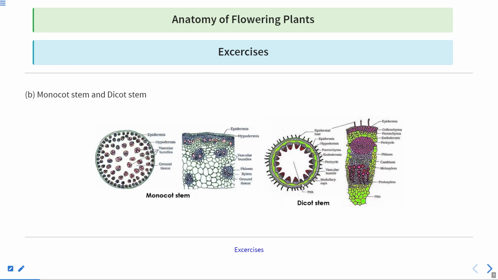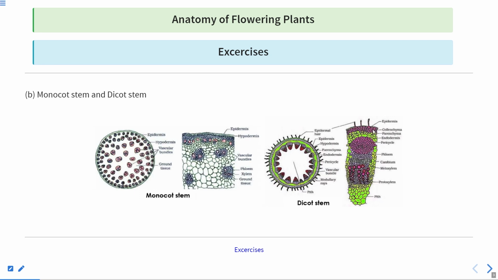Now if you see the diagrammatic structure of the dicot stem, what you find here is epidermal hairs, and these epidermal hairs are not present in the case of the monocot stem. No epidermal hairs are present, right? Here you can see the epidermal hairs, also known as trichomes, over the surface, and they are an outgrowth of the epidermis.